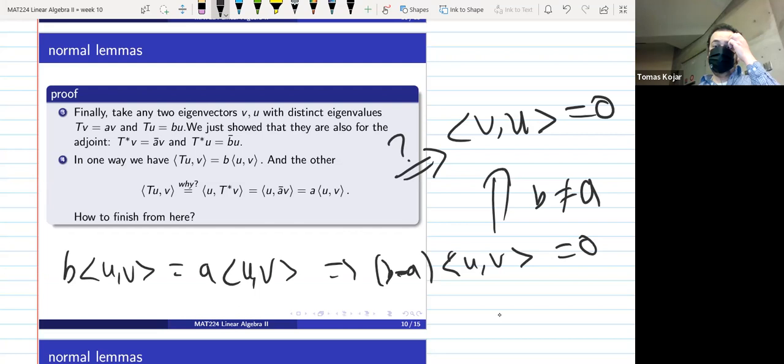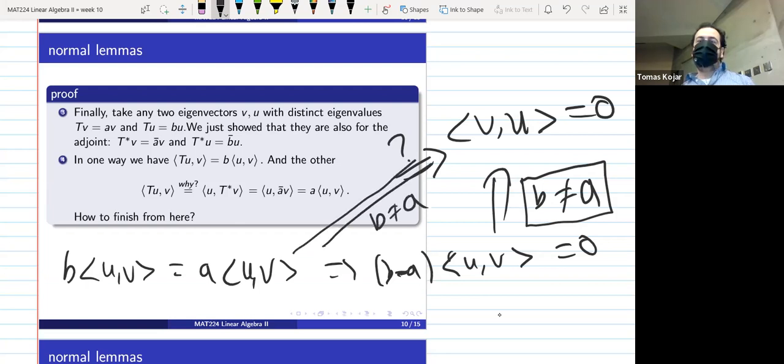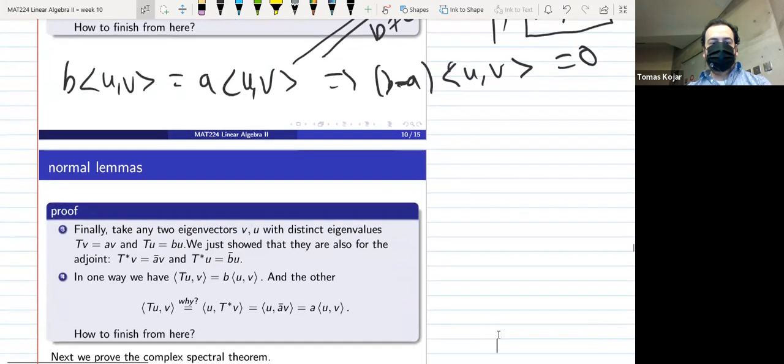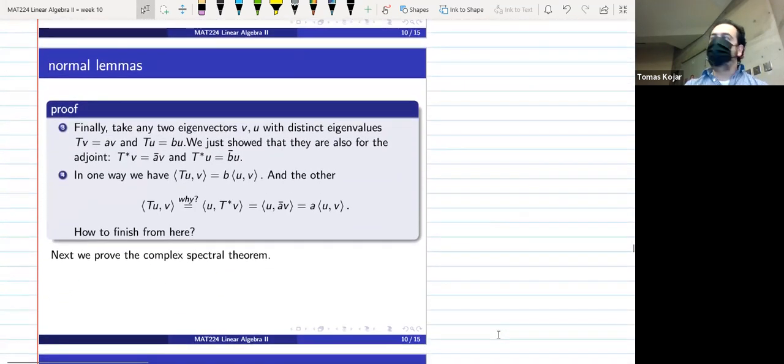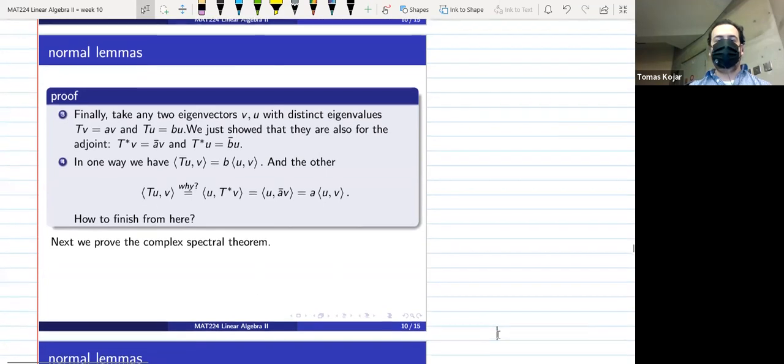Perfect. You have to tell them why, so write this at some point. You could have done it here, but say b is not a. So good. That's it. We have all the machinery we need to prove the spectral theorem, amazingly.